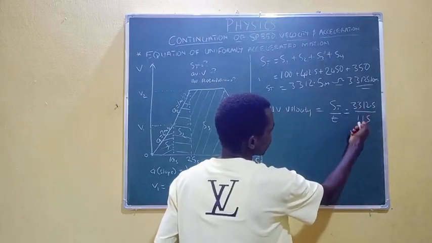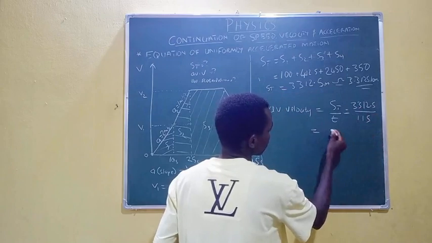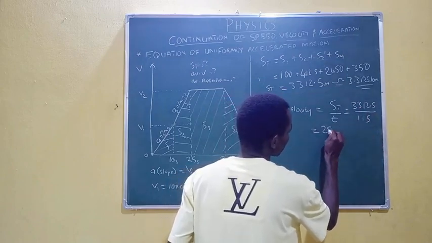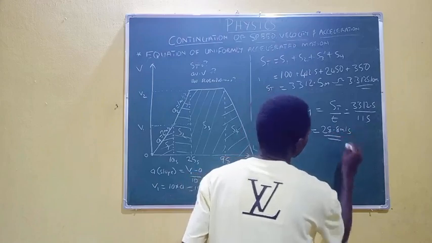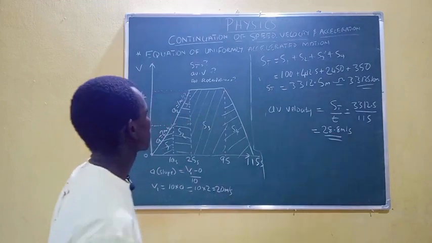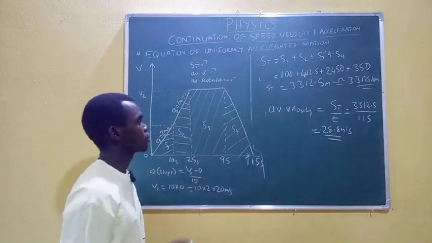When you use this to divide this, average velocity will be 28.8 meters per second.